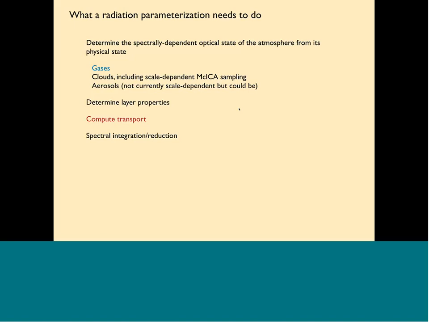And so we need to be able to map the physical description of the atmosphere to the parameters that go into the radiative transfer equation. We need to do that for gases, and that's hard, and this is really where AER's expertise shines, I would say. So this is something which is sort of baked into our RRTMGP.